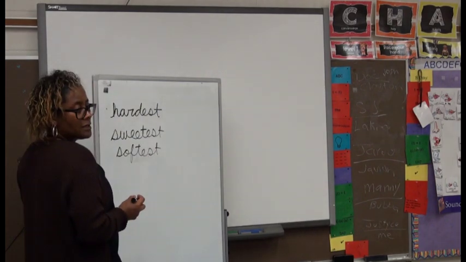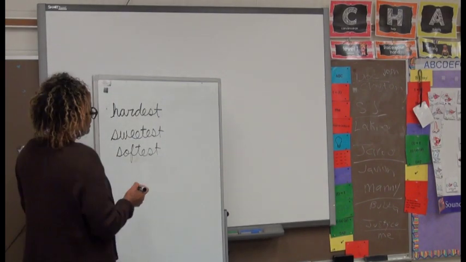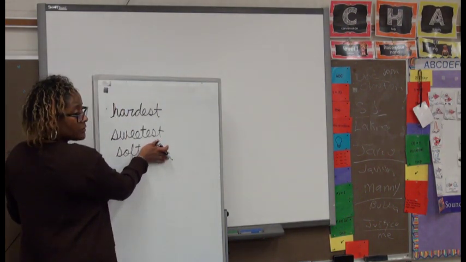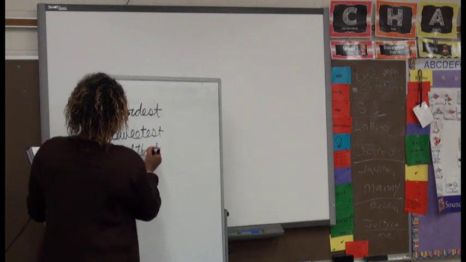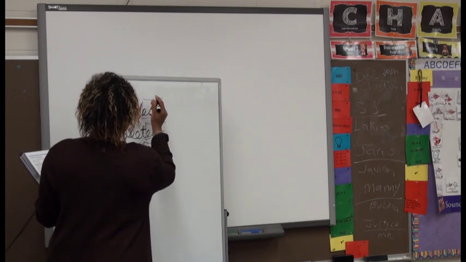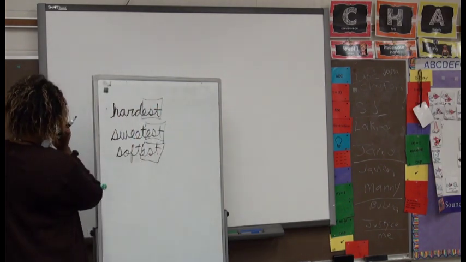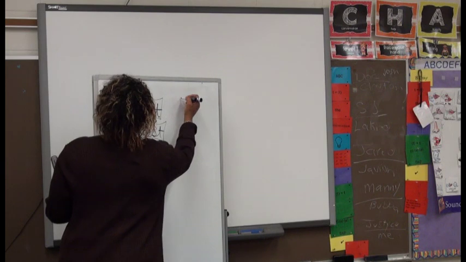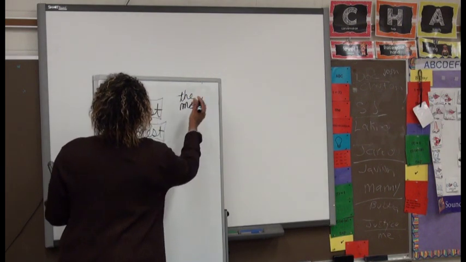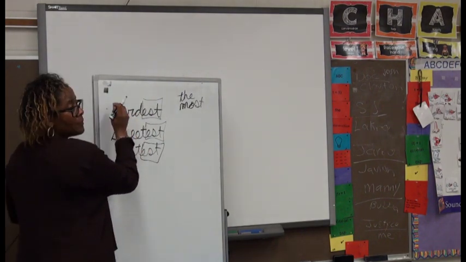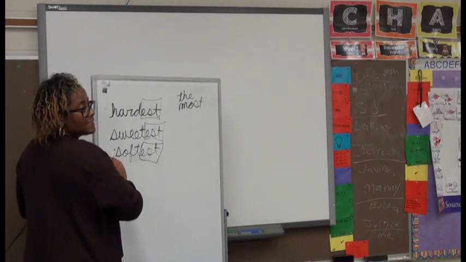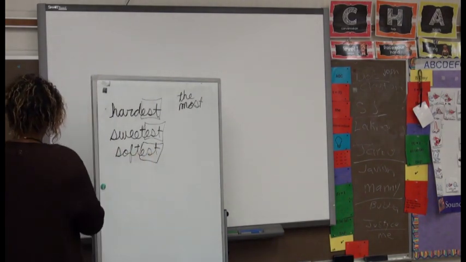What do you see alike? They both got EST at the end. Yes, they have EST. And if I cover up the EST, do we still have a base word? Yes, we still have a base word. So remember, when we code, we box the suffix. And the suffix EST means the most. So hard is, that's the most. Sweet is, wow, that's the most. I love sweet stuff. And soft is, that's the most soft.